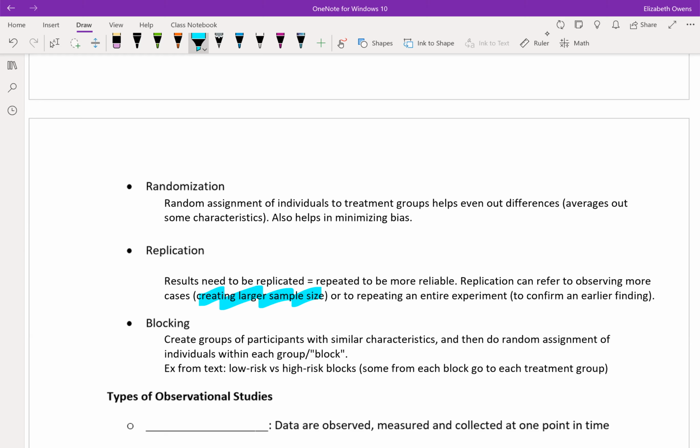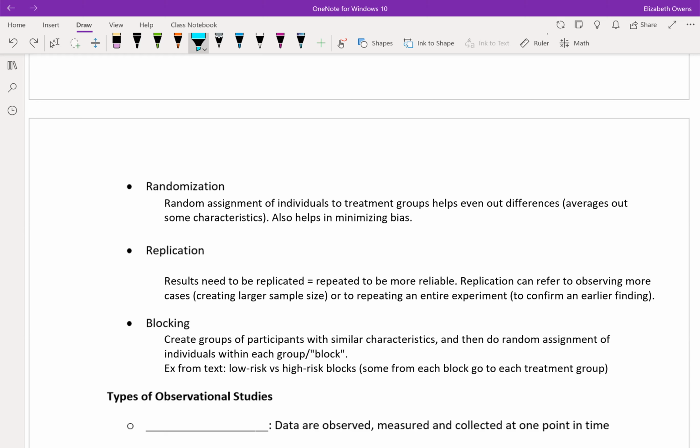So that's one way we can think of replication, or replication can refer to repeating the entire experiment. So this is good for confirming earlier findings. So let's say a study has been done by some research group at a different institution, and you are a researcher at your own institution and you would like to replicate that study to see if you end up getting the same results as that other first group.